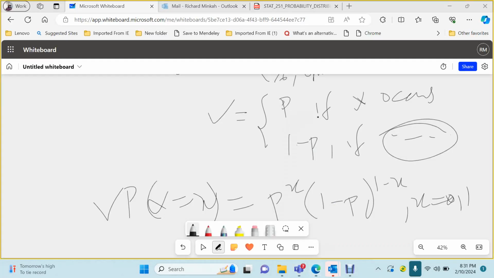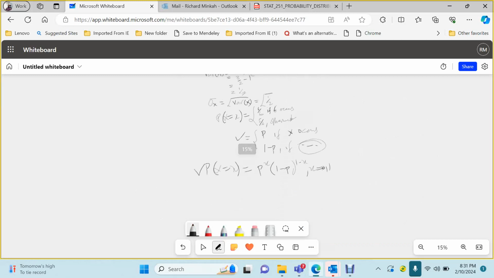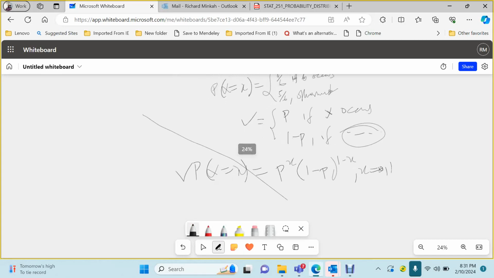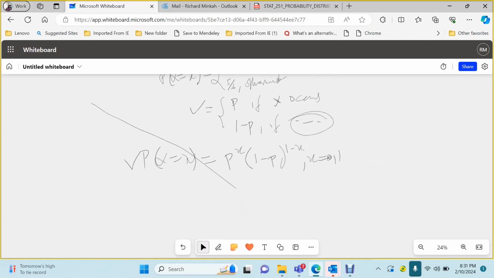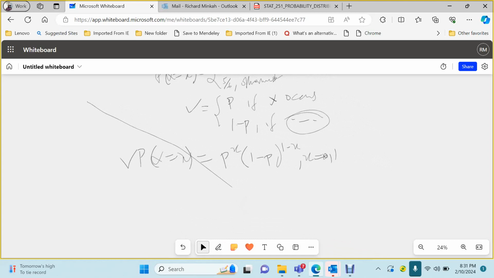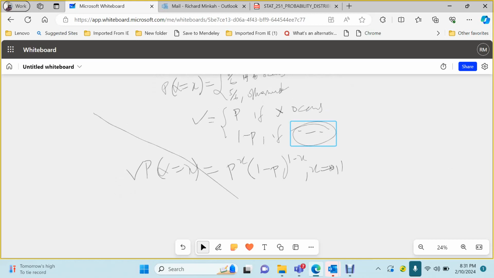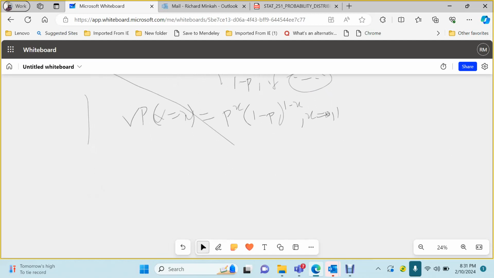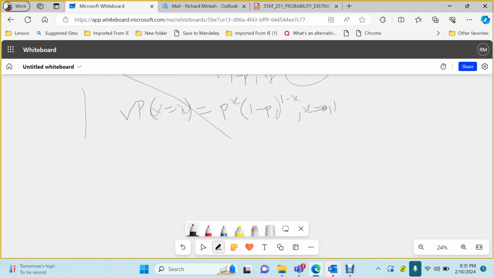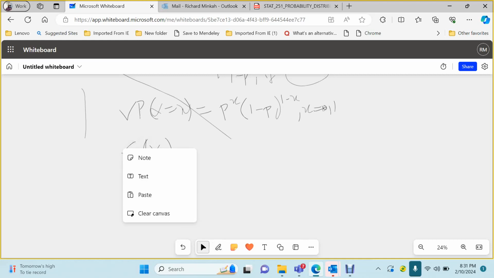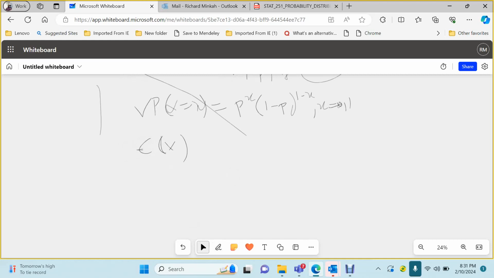Good. Okay. Now let's look at this one. We want to find the expectation. The expected value of x, by definition, this is a discrete distribution, right?